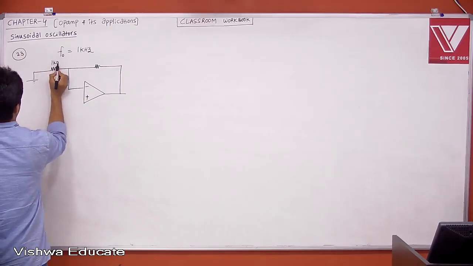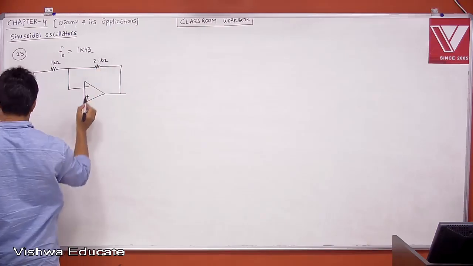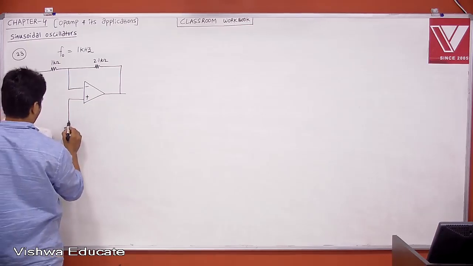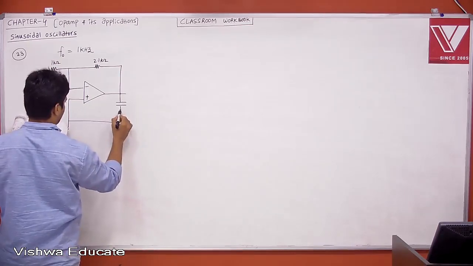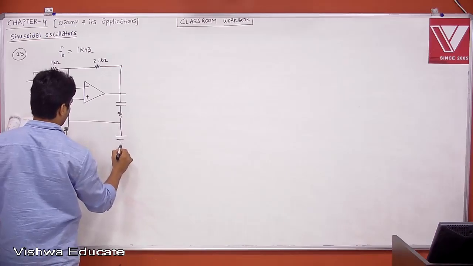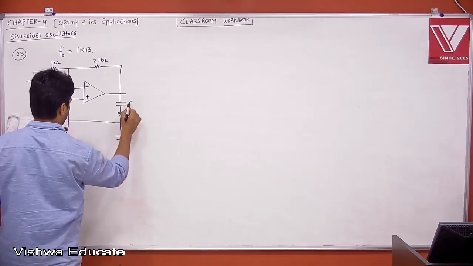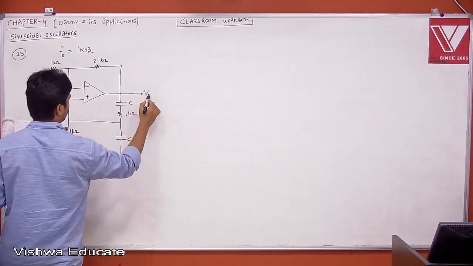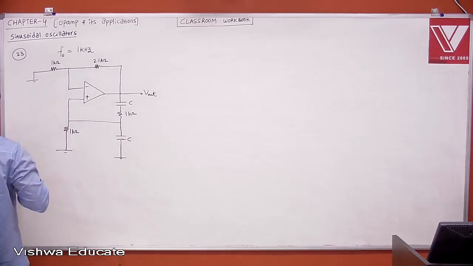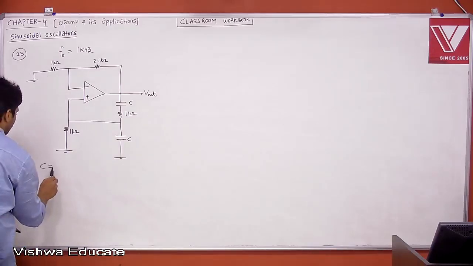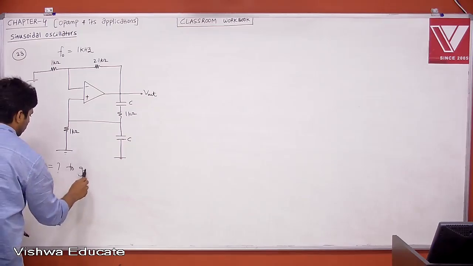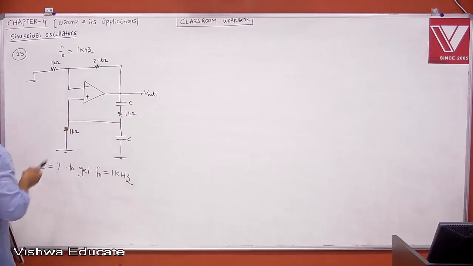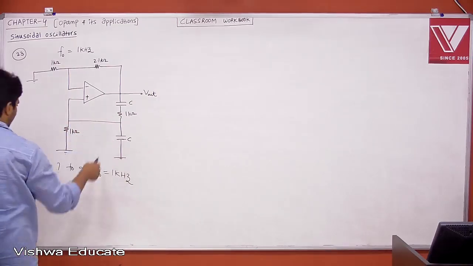This is 1 kilo ohm and this is 2.1 kilo ohm. This is V out. Then it is asking what is the value of C to get F0 equal to 1 kHz. To get a frequency of oscillations of 1 kHz, the value of C is what is being asked.